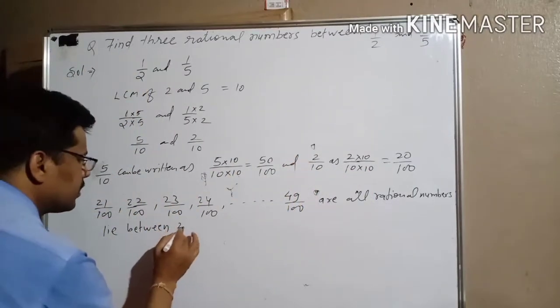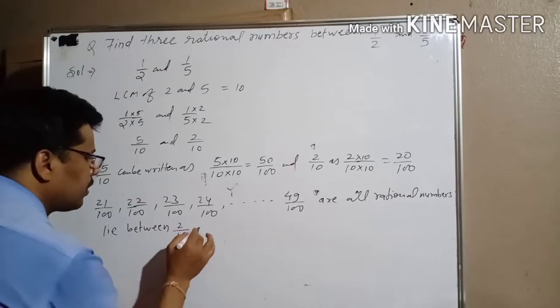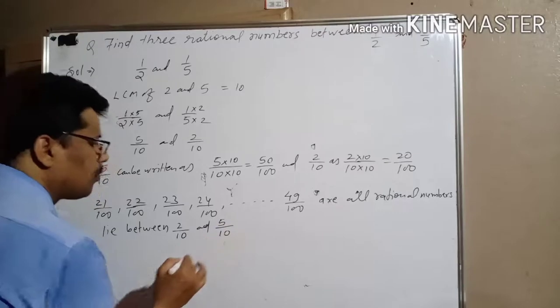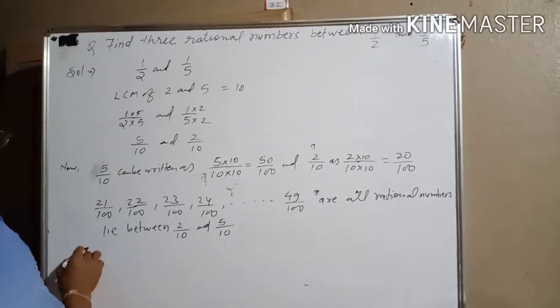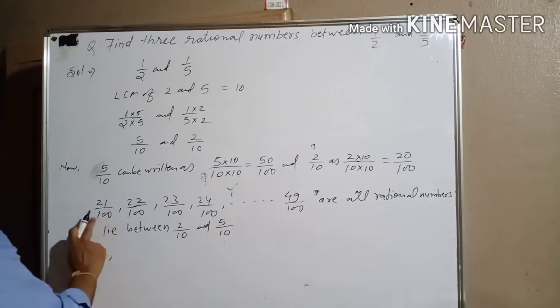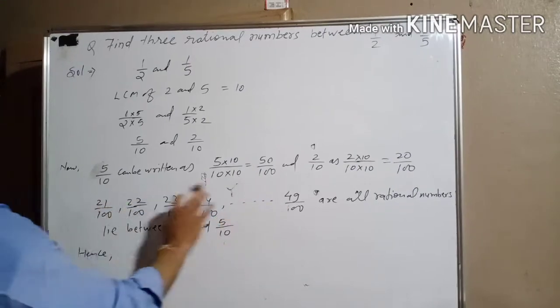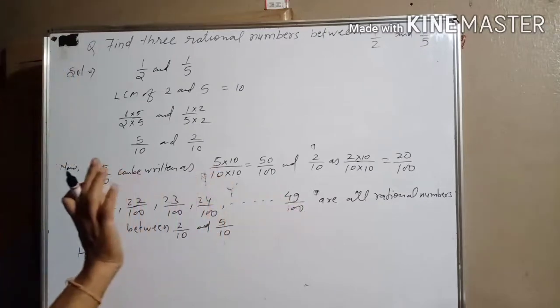Out of this, we can write any three numbers. From 21 up to 49, any three numbers which you like.